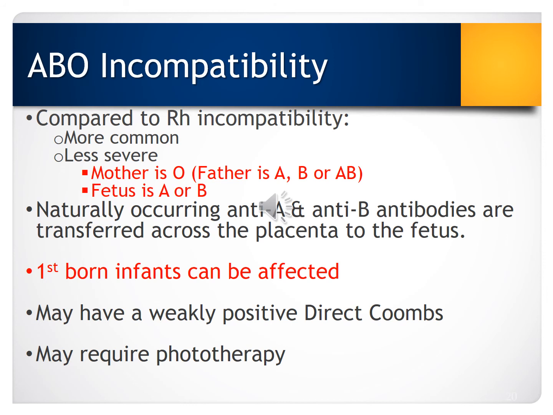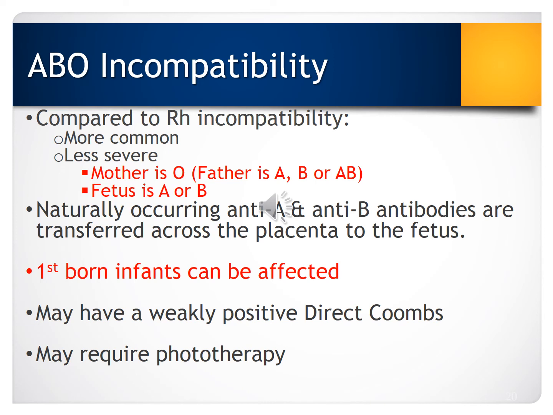So when we compare that to Rh incompatibility, it can be more common, right? Because we reduce the risk of Rh incompatibility with the use of Rhogam. But with blood type incompatibility, it's already in the body. The person is born with, based on the blood type that they're born with, they already have these antibodies.